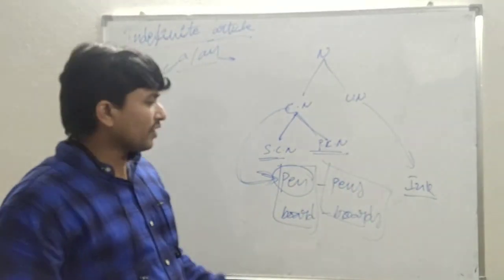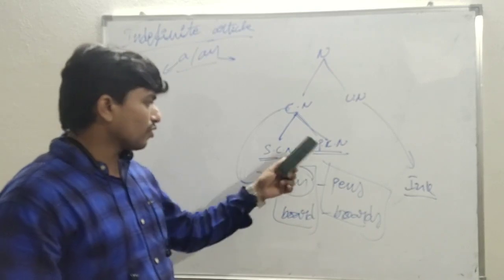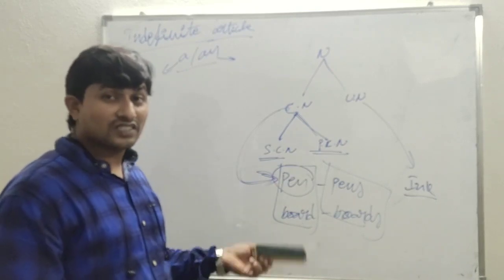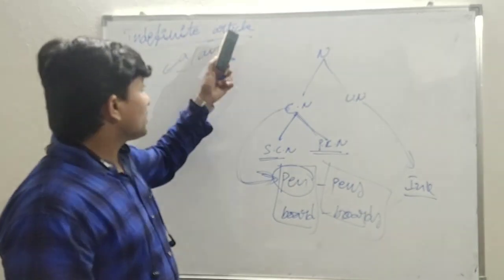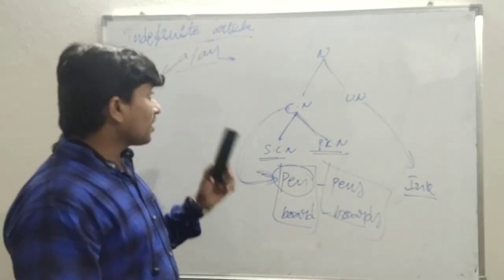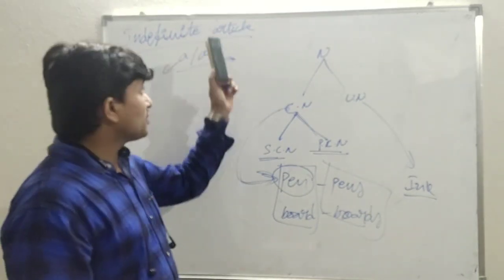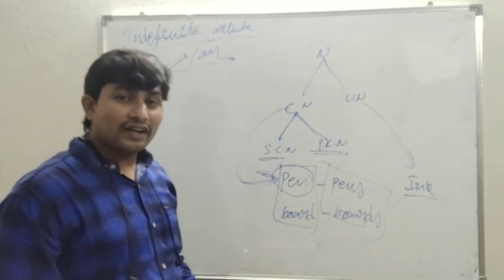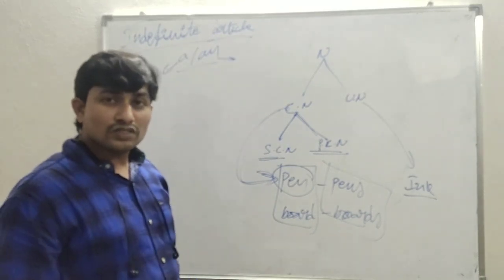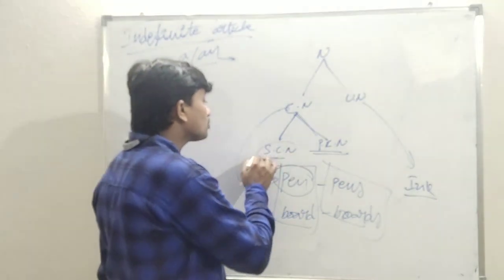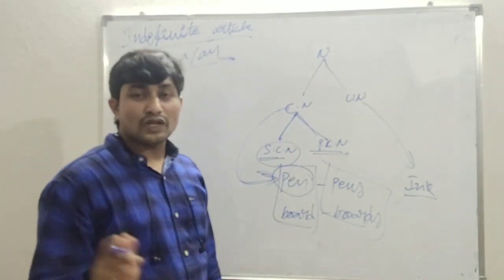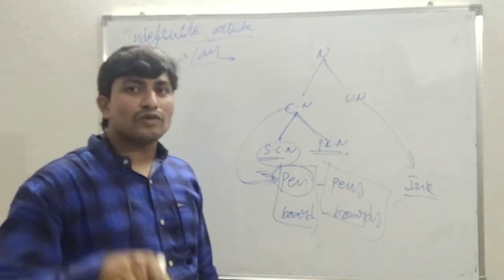Then why did we discuss singular countable noun and plural countable noun here? You may wonder. The reason is that the indefinite article, either a or an, is used in front of singular countable nouns only, not countable nouns in general.